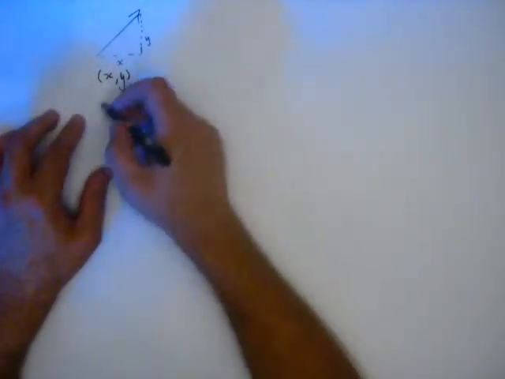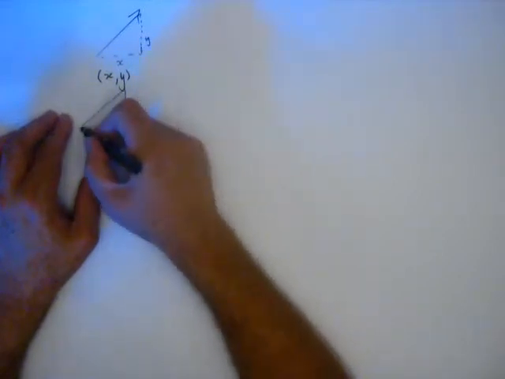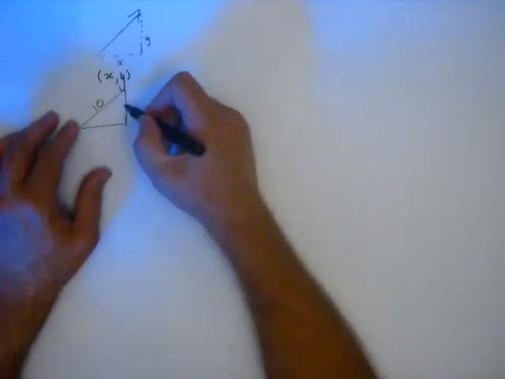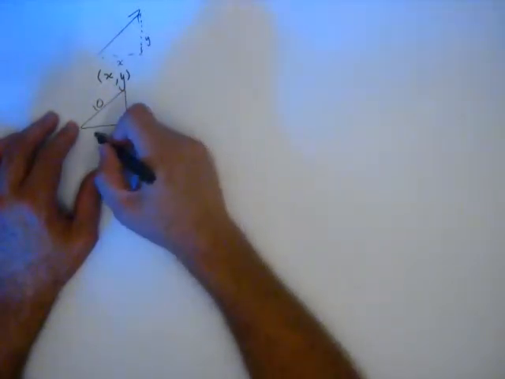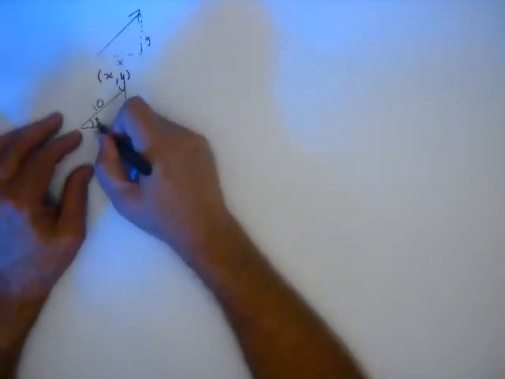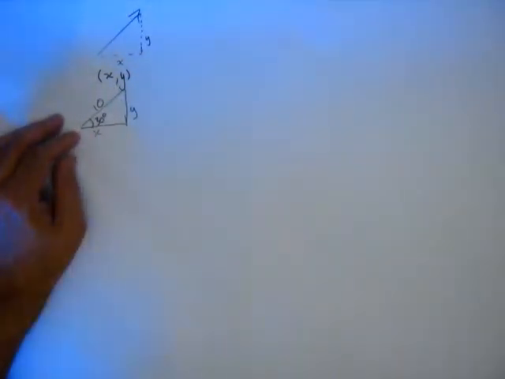Let's make a vector that is 10 long. This is going to be the x amount, this is the y amount, and let's make the angle 30 degrees. No particular reason.